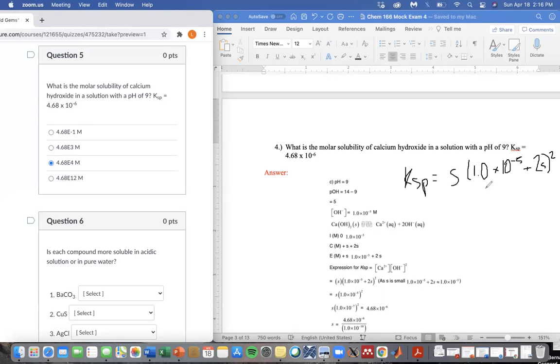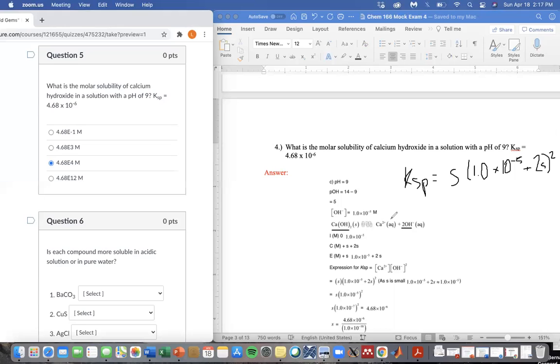But in your ice table, when calcium hydroxide is dissolving, it's creating 2 OH minus moles for every mole of Ca2 plus that's produced. And so that's why you multiply it by 2, because whatever value of calcium is produced, we're going to produce 2 times that of hydroxide.